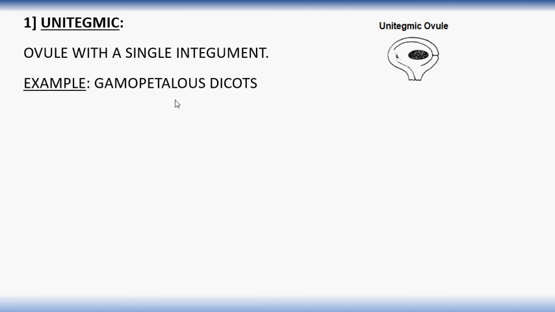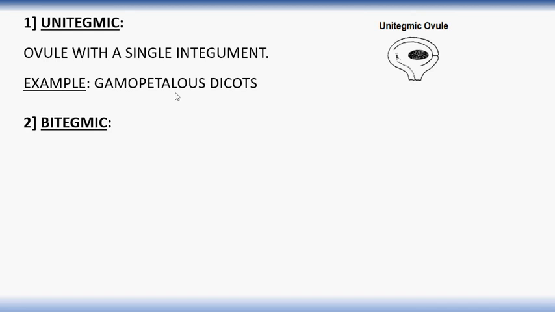Here gamopetalous means the petals are fused. If petals are fused together, then that condition is called gamopetalous. So in dicot plants having the gamopetalous condition, the ovules are unitegmic.